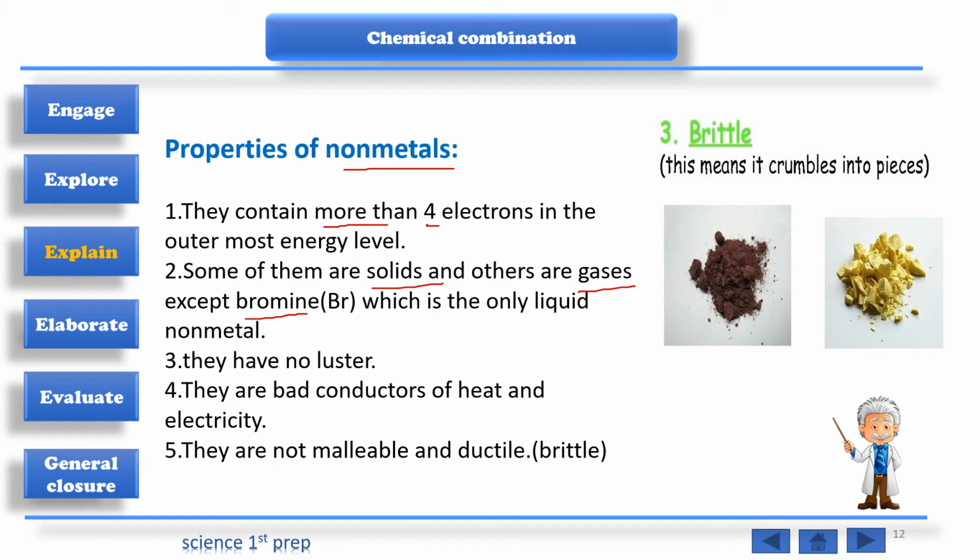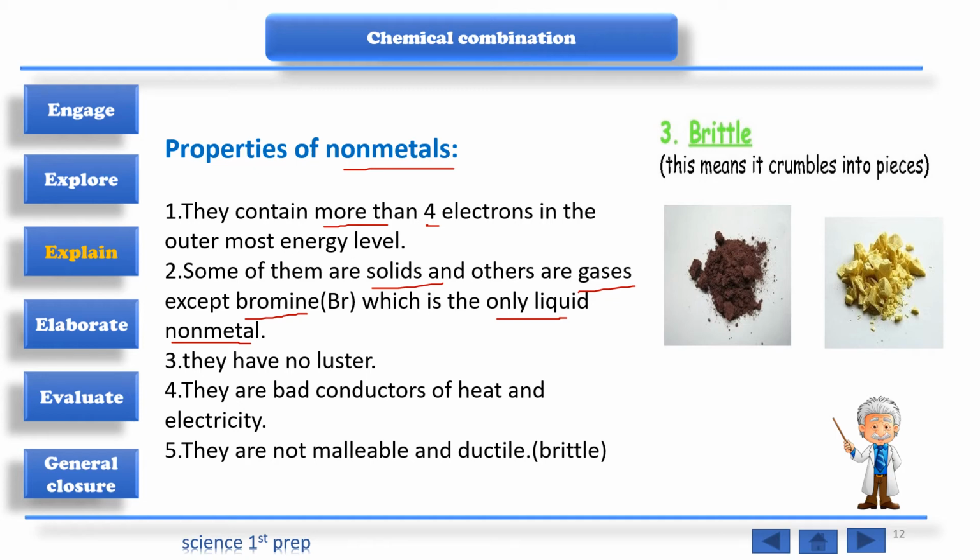In metals, we said that all metals are solids, except what? Yes, mercury is the only liquid metal. Mercury is the only liquid metal, bromine is the only liquid non-metal, and this is so important.